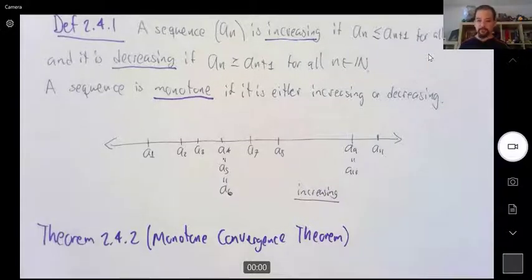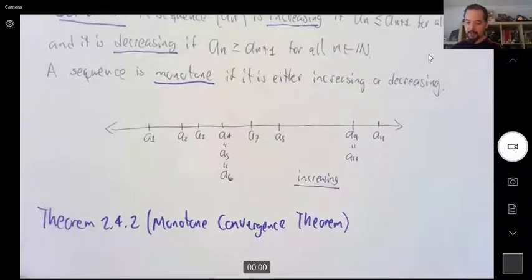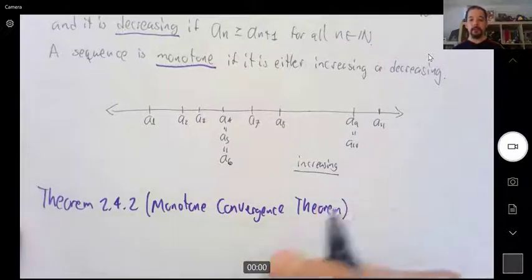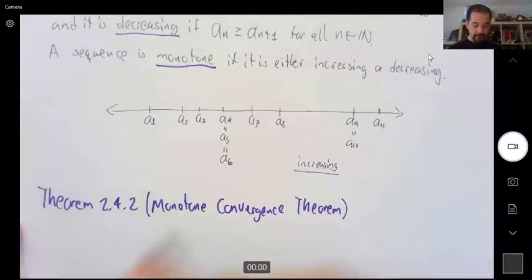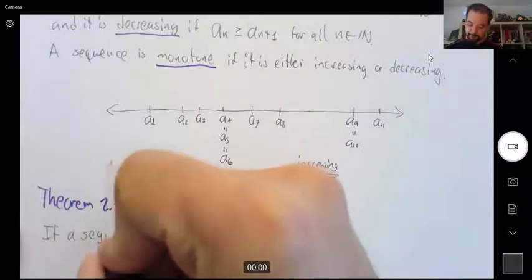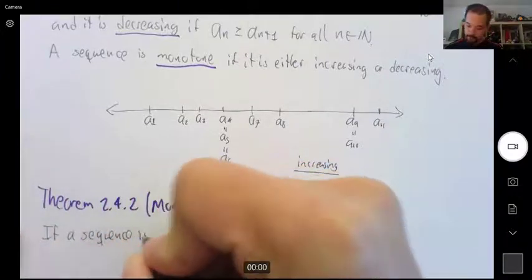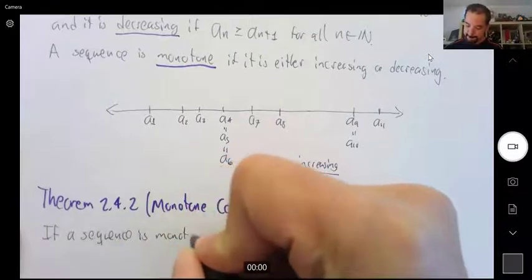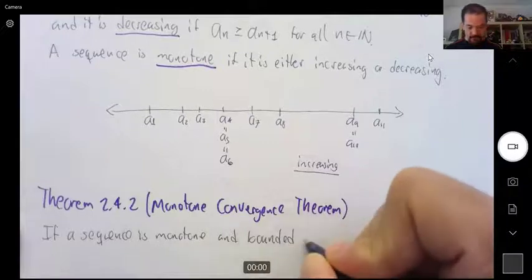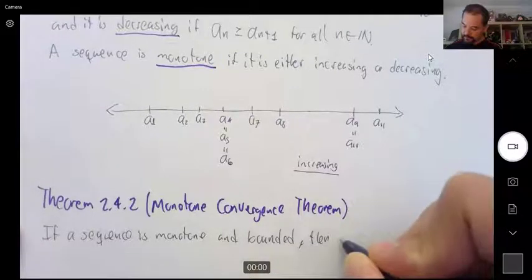I don't have the tools necessary to prove it. So we just mention it and, I mean, wave my hands a little bit and explain why we should expect it to be true, but I cannot really prove it. But now we can. That's the greatest thing, right? So here's what it says. It says if a sequence is monotone and bounded, then it converges.